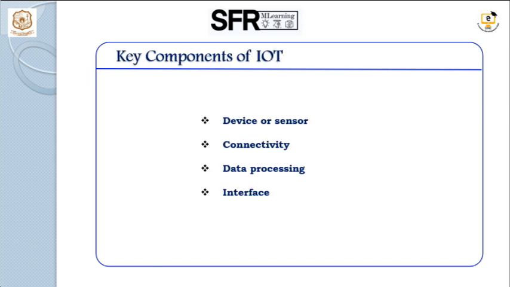So, the four main components of IoT are devices, that is nothing but hardware components which help us to fetch the data from the real world; connectivity, that is the process of connecting hardware components to the software; data processing, a process of deriving knowledge from the fetched data; and the last one is the interface, that is the place where the user can interact with the software component.